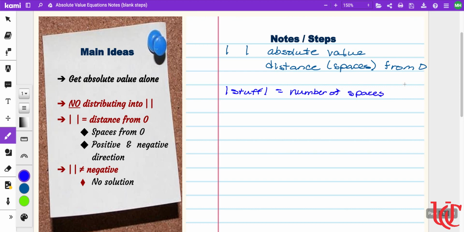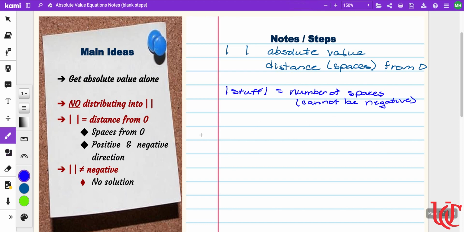Since it's a number of spaces, which is something that we can count, it's a physical thing, this over here cannot be a negative number. Because we can go in a negative direction, we just can't go a negative number of spaces, at least not with the technology we have currently.